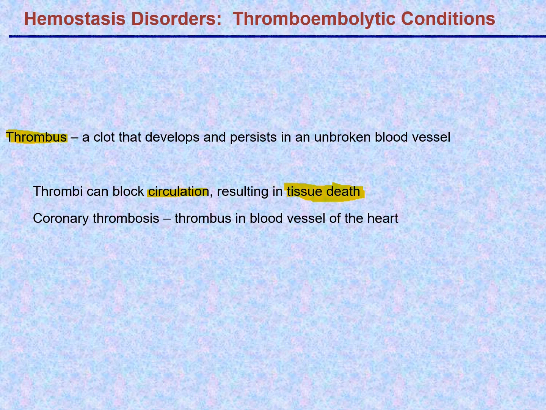If that occurs inside a coronary artery, then you have what's called a coronary thrombosis, and the thrombus will block the blood vessel that's providing oxygen to part of the heart muscle.